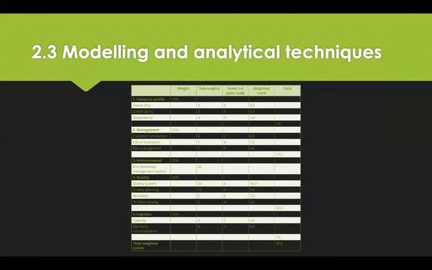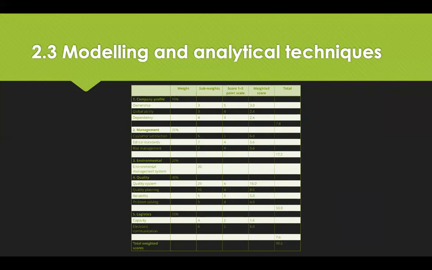Now here you can see a table of a weighted scoring system, and there are several approaches you can take to assessing the suitability of a key supplier. It will typically involve weighted criteria, so ideally some things are going to be more important than others. If you look closely at the example on the screen, quality has a higher percentage weighting than the company profile and the logistics, and environment is quite heavily weighted as well as management.